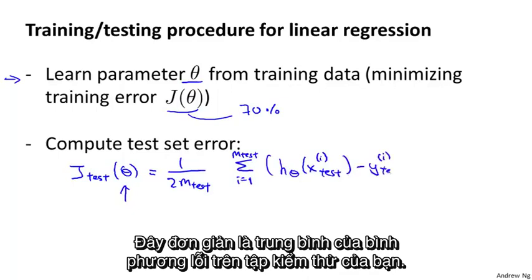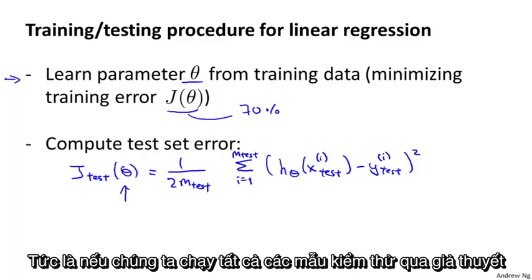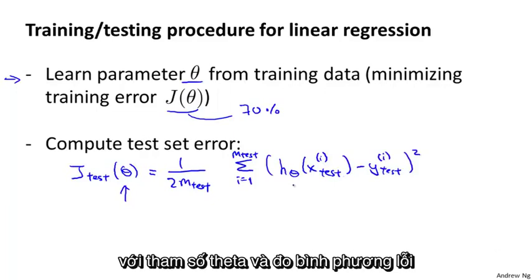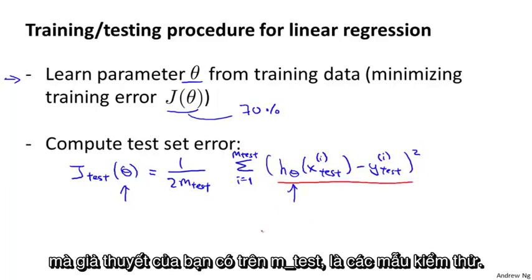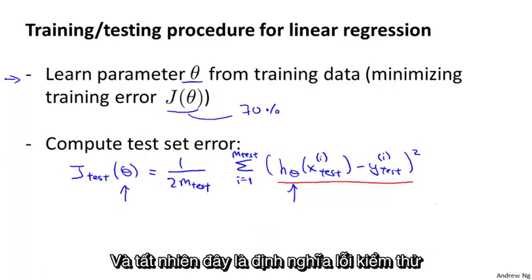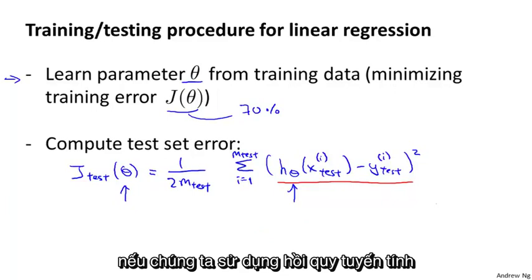It's pretty much what you'd expect. So run every test example through your hypothesis with parameter theta and just measure the squared error that your hypothesis has on your m subscript test examples.